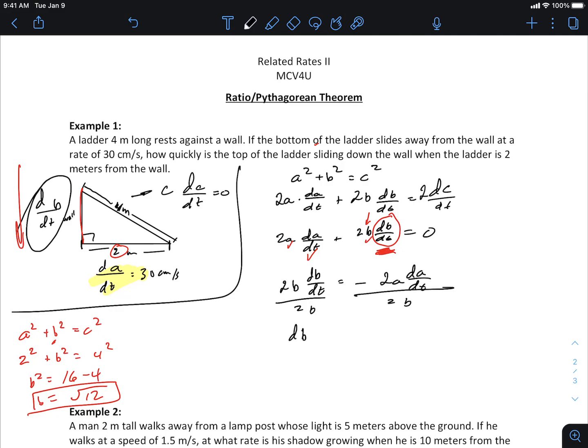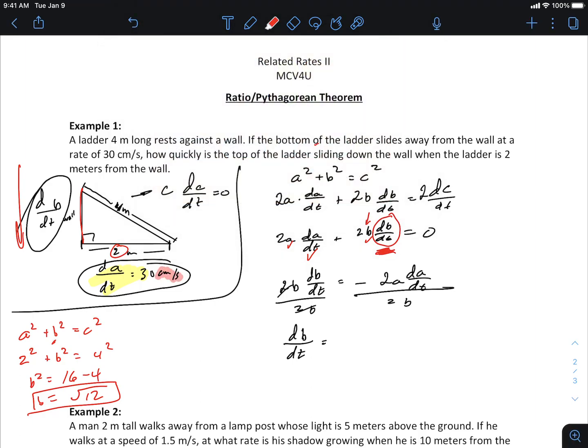So dB by dt. Now, something to be aware of, and this is my physics background kicking in: be careful with what's going on here, particularly around the units. You've got centimeters.